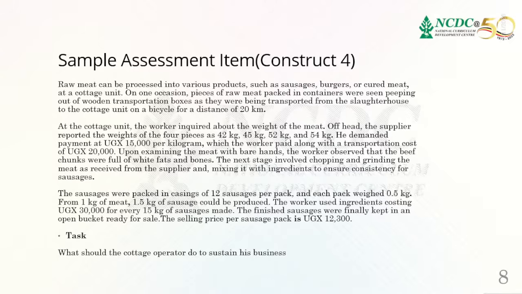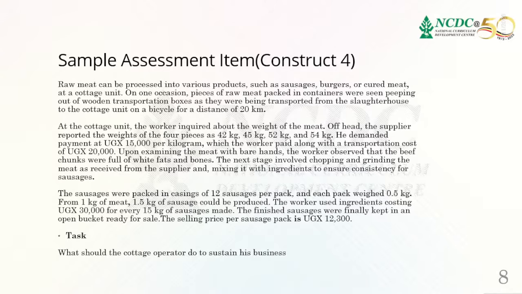Then he demanded payment of 15,000 per kilogram, which the worker paid along with the transportation cost. It totaled to an amount of 20,000. Upon examining the meat with bare hands, the worker observed that the beef chunk were full of white fat and bones.